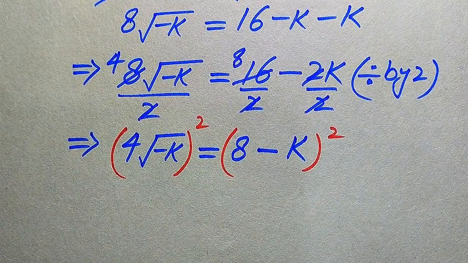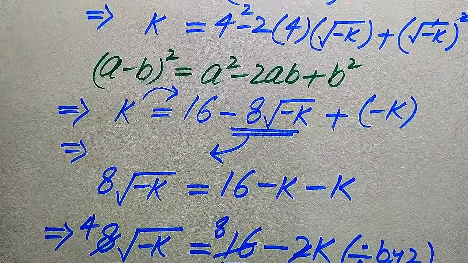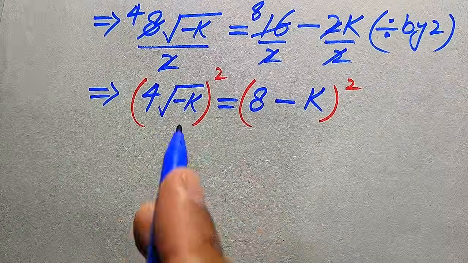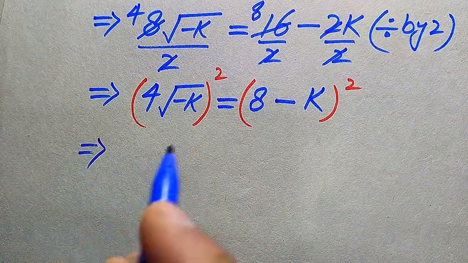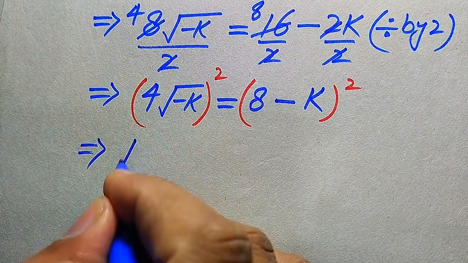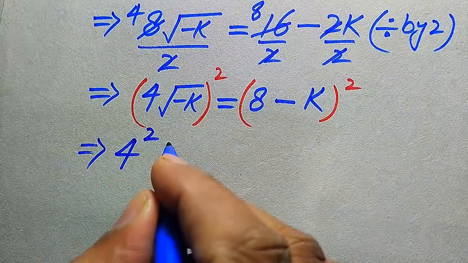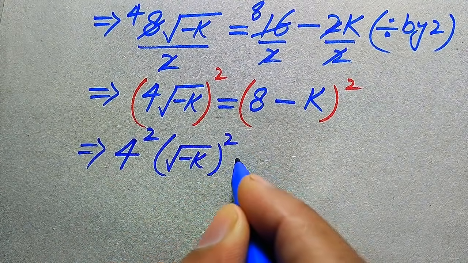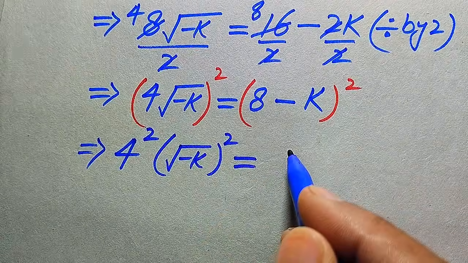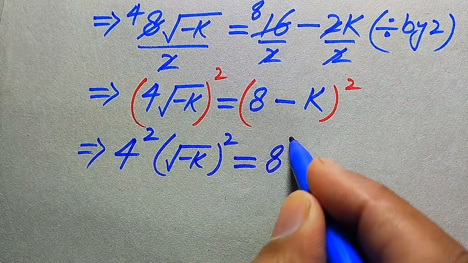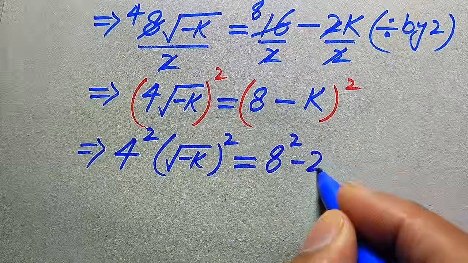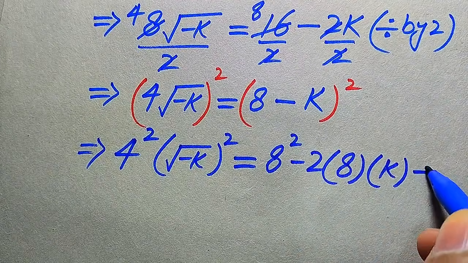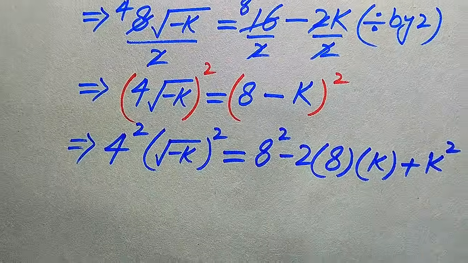Further in the right hand side we again use this nice algebraic formula, and in the left hand side we apply the square identity, and we can apply this square separately on both of these two values, and it will become 4 square into square root of minus k whole square is equal to, in the right hand side we use this formula, and it will become 8 square minus 2 times 8 into k plus k square.